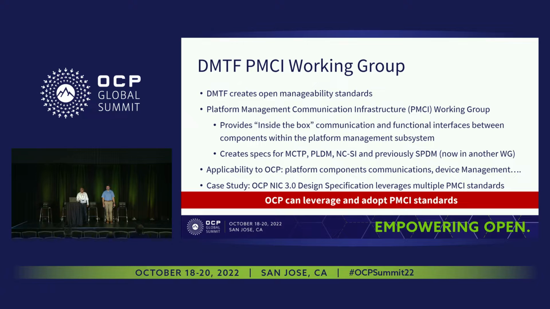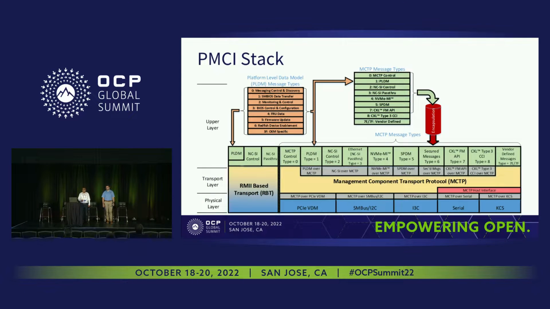So first, before I hand it to Patrick: over the years, many volunteers, this is decades of work, including Patrick and I, and there are a number of people sitting in the room here who have contributed. This is what the whole stack is about. If you look at it from a platform management standard perspective, what we have built is the TCP/IP of what you need for platform management.